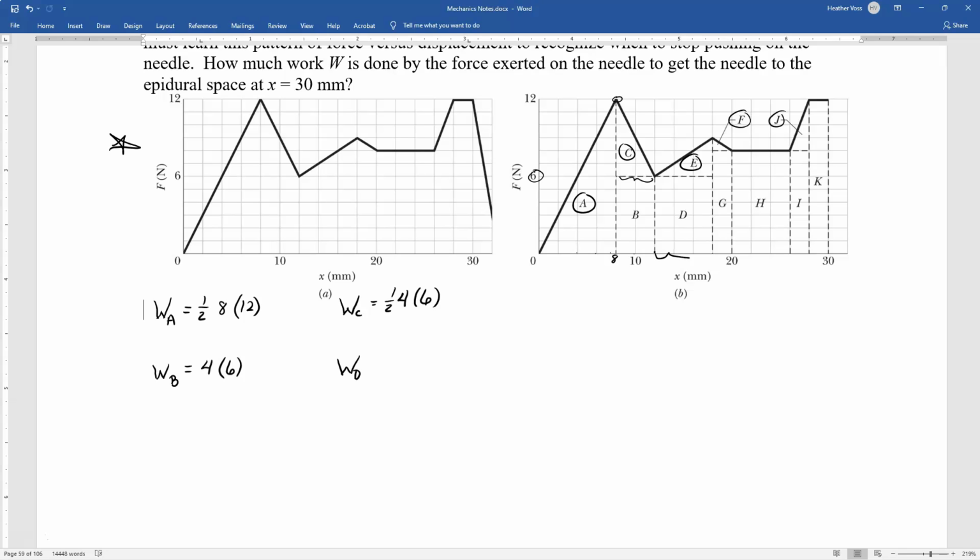This is going to be 2, 4, 6. And I've got to look at my height. My height is also 6. The work done for region E, I've got 1/2. My base is going to be 6. My height is going to be, well, if you'll notice, these are in ones. So it's going to be just 1, 2, 3.